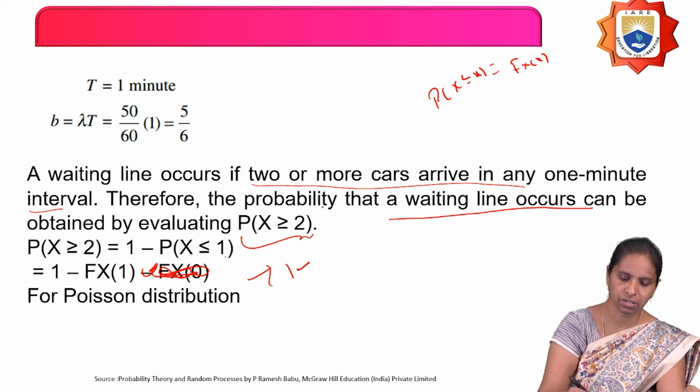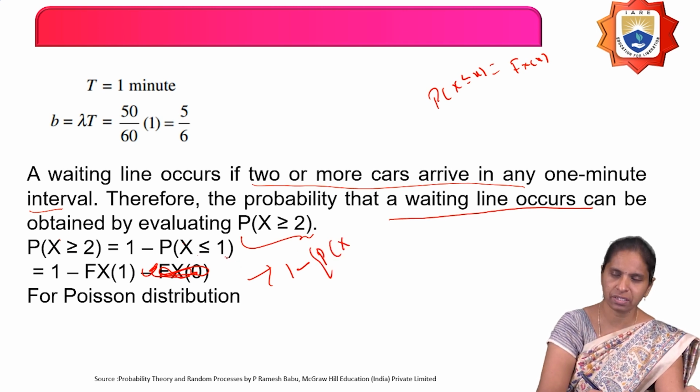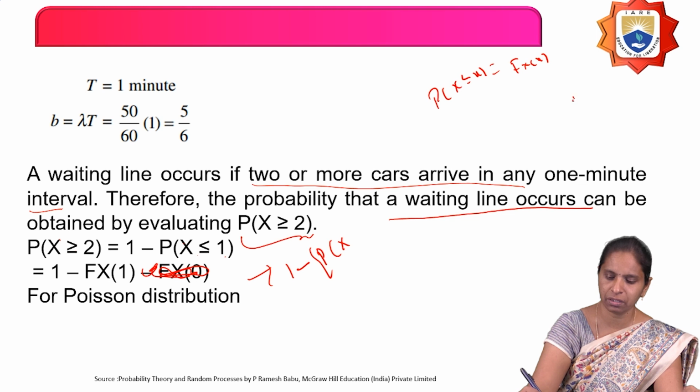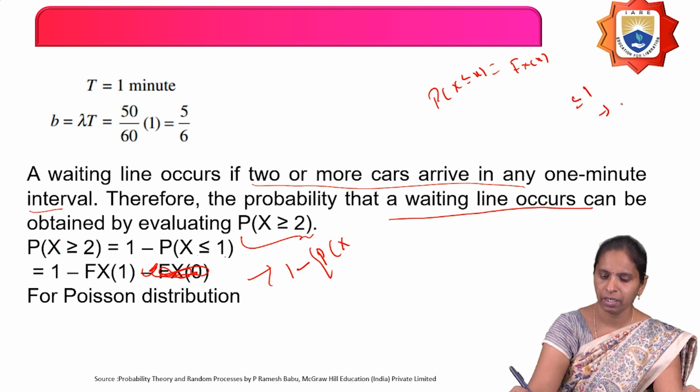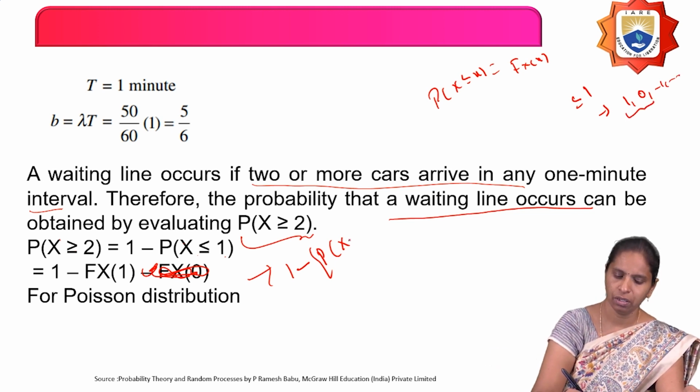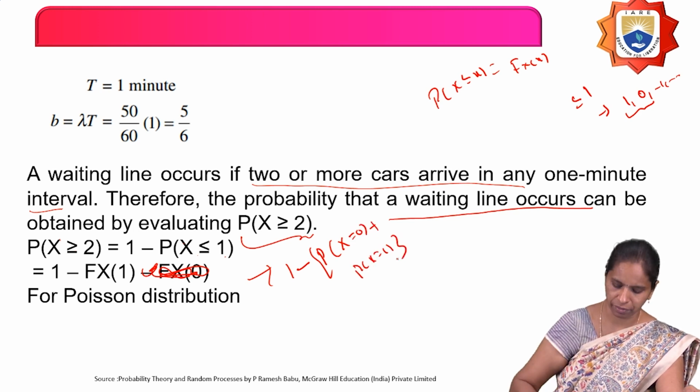Here X less than or equal to 1 could be 1, 0, or minus 1 and so on, but the number of cars will always be positive values only. Therefore, P of X equals 0 plus P of X equals 1.